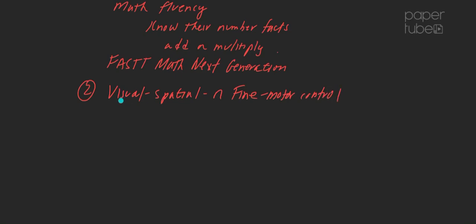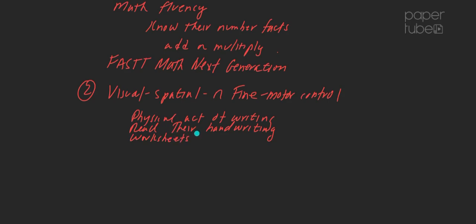Typically, these students have difficulty with just the physical act of writing, which makes it really difficult to read their handwriting. And not only would you have difficulty, but sometimes the students themselves have difficulty with reading their handwriting. So when they're trying to solve problems on worksheets, it's generally difficult for them.